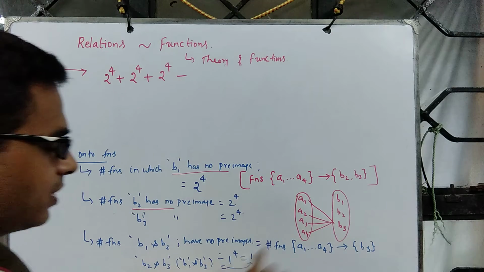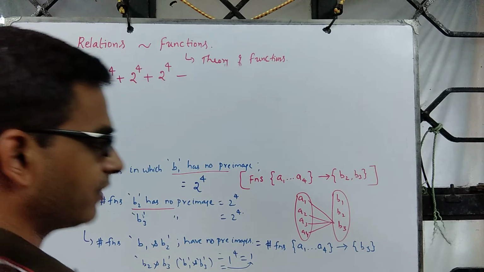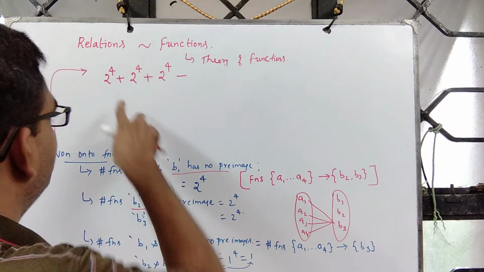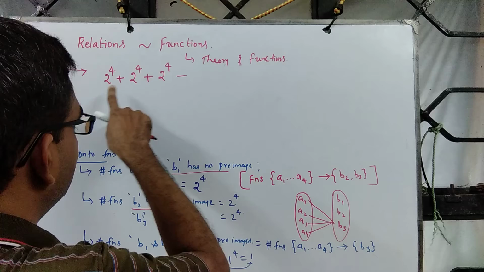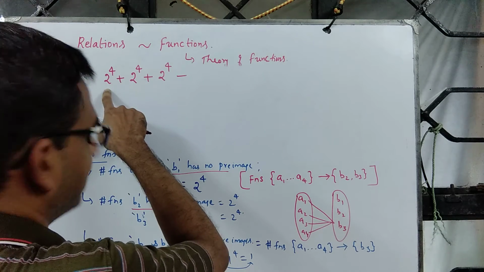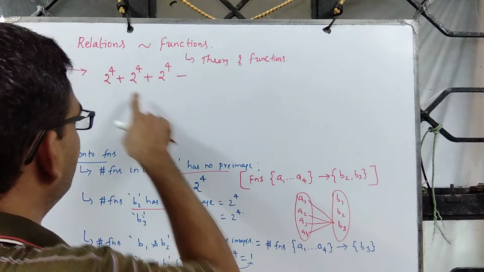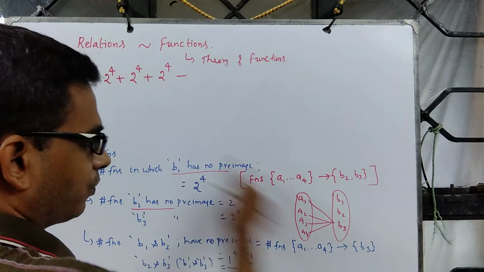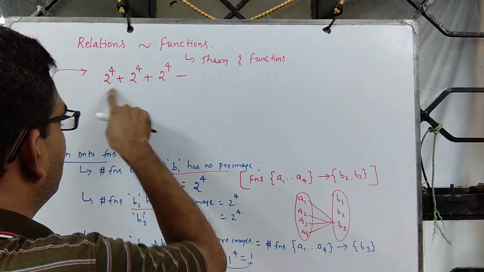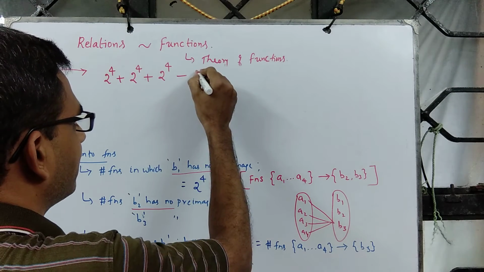Which function? A function in which B1 and B2 both have no pre-images is counted once as part of this, because B1 is not having a pre-image, and once as part of this, because B2 is not having a pre-image. So one function has been counted at 2 places, so that should be subtracted here.